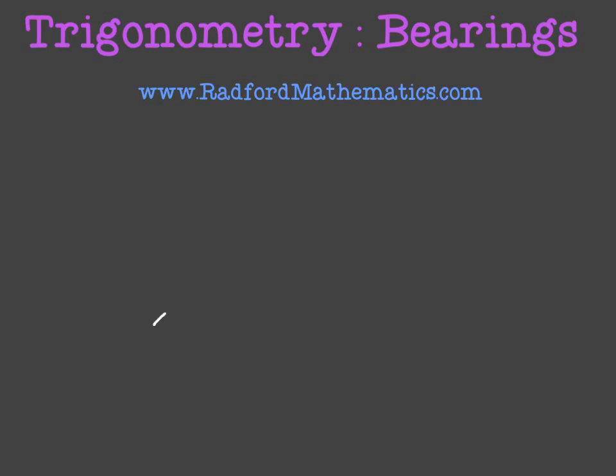Now, the idea behind bearings is the following. If we're standing at a point A, and we're told that we have to travel at a bearing of, let's say, 30 degrees for 5 kilometers, what that means is that we need to face north, which quite typically on any exam paper will point upwards, just as on a map, north. And from north, we have to measure 30 degrees clockwise.